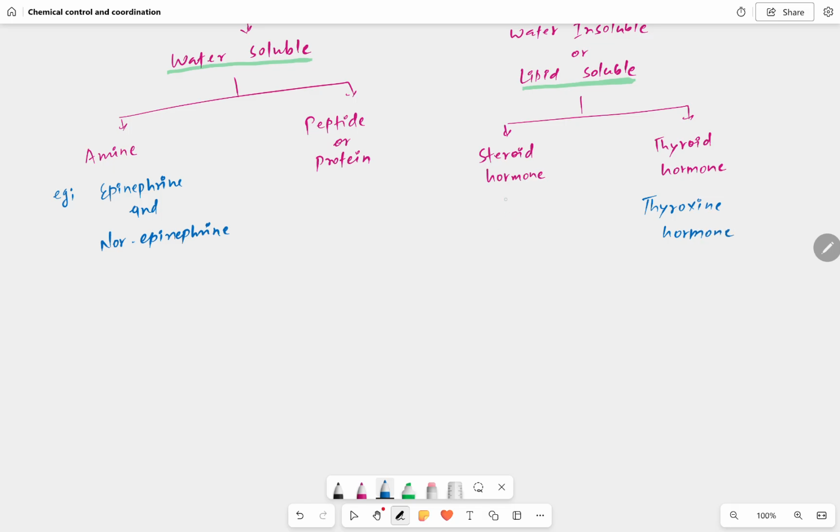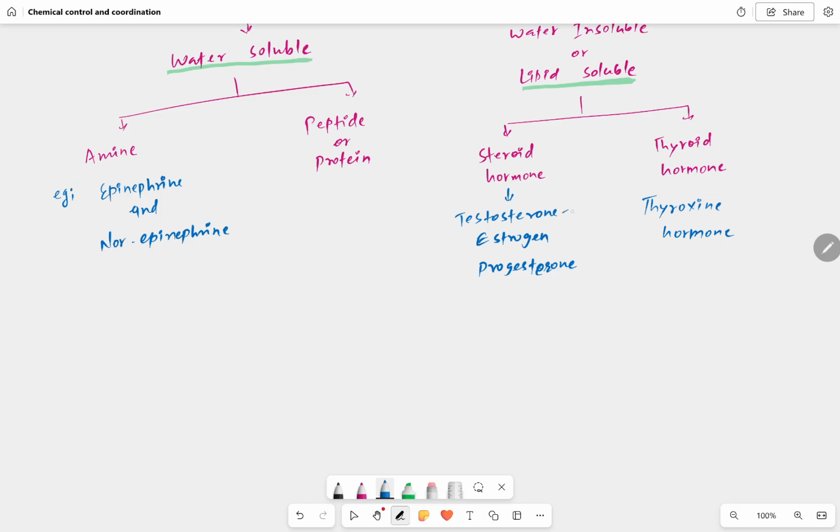And if it is a steroid, in male it may be testosterone, in female it may be estrogen and progesterone.